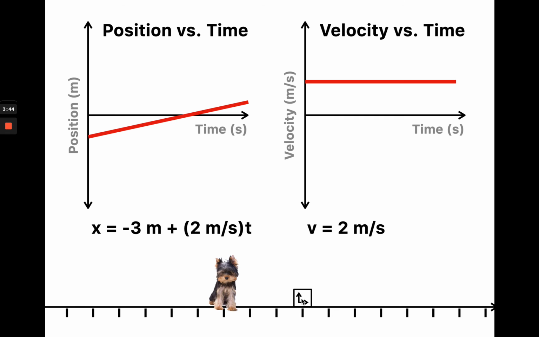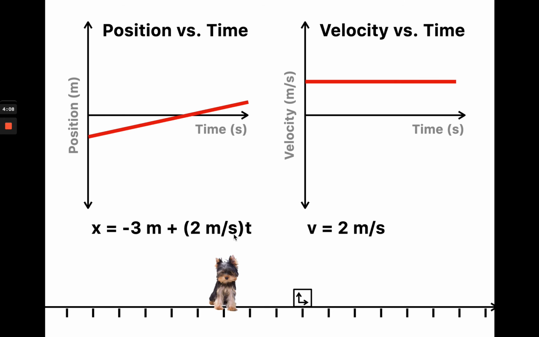By changing where we put the origin, it changes the initial position of the puppy. So let's say the puppy starts in the same physical location, but by redefining where the origin is, we redefine the initial position. So instead of saying starting at 5 meters, let's say the new initial position is -3 meters.